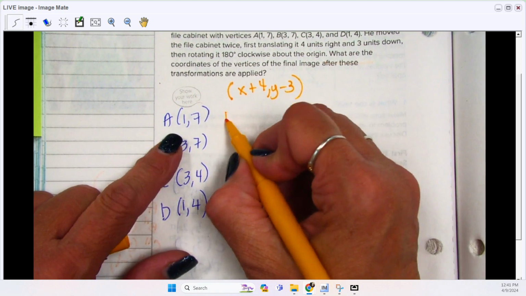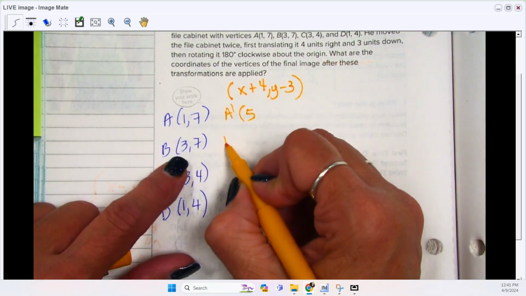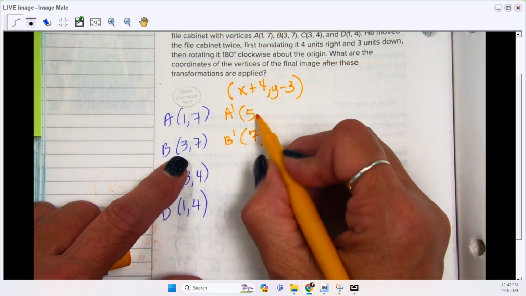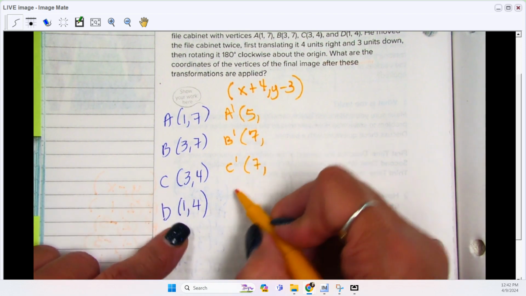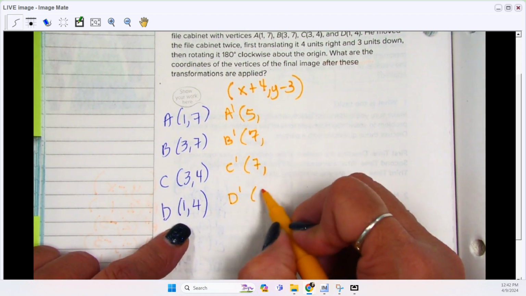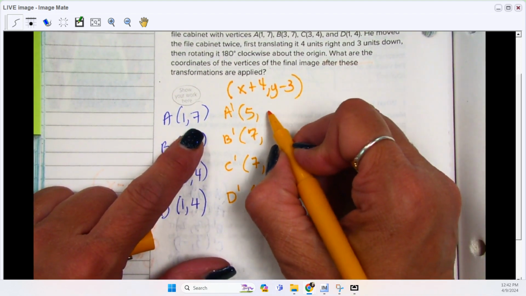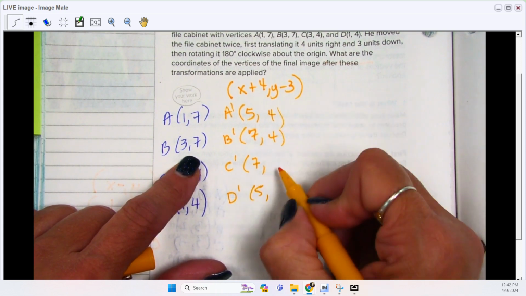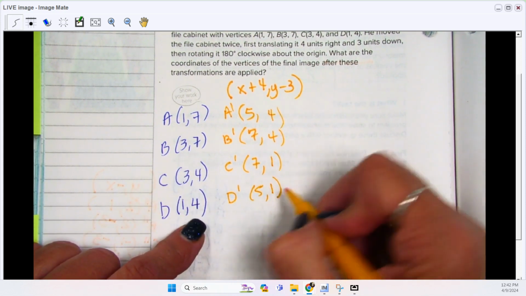So on A prime, I add 4, so that would be 5. B prime, I add 4, so that would be 7. C prime would be 7. And D prime, that would be 5. Then my y values, I subtract 3, so that would be 4, 4, and then 1 and 1.